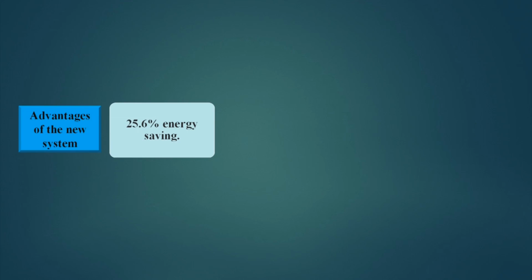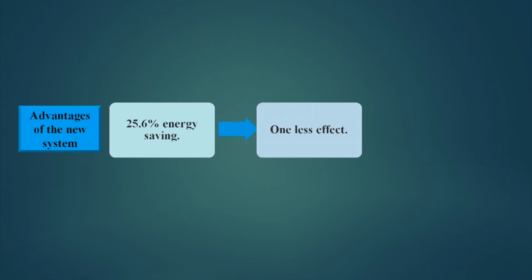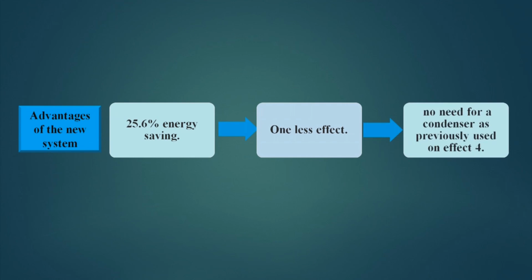So, our conclusion is the advantage of the new system is 25.6% energy saving and 1 less effect. No need for a condenser as previously used on effect number 4. So, these are the savings we achieved by integrating an evaporator system with the GCC of a background process.